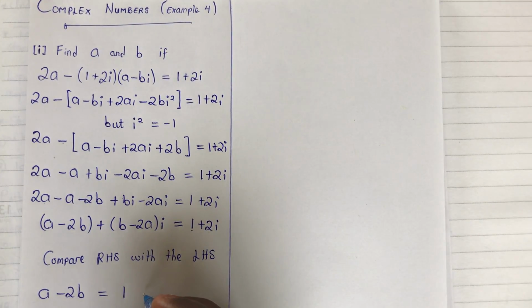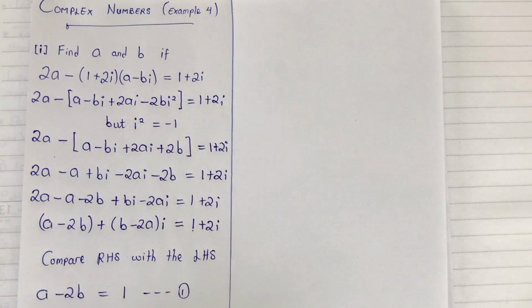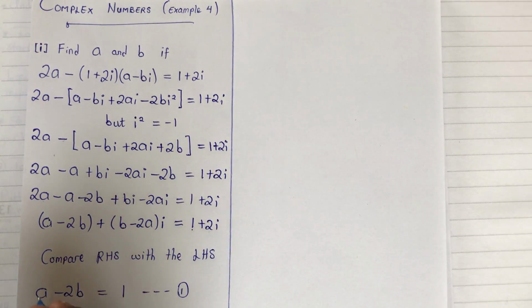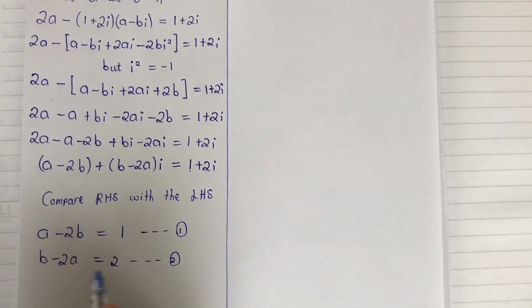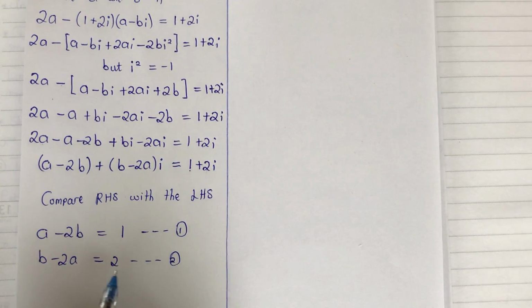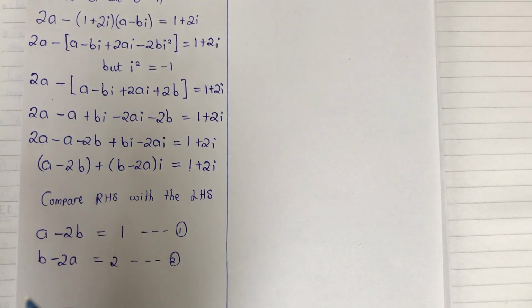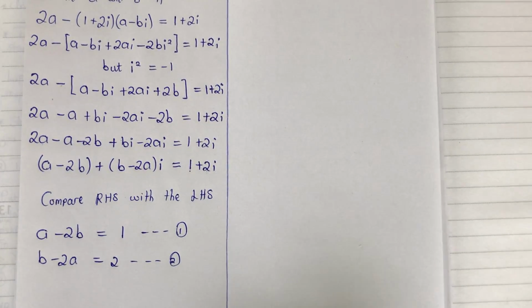Let's name this equation 1, so we can make a the subject. And we have equation 2 here, b minus 2a giving us 2, and a minus 2b giving us 1 is equation 1. Now we can solve for the values of a and b.